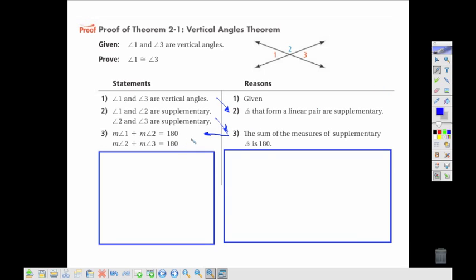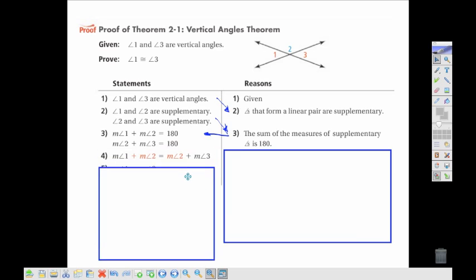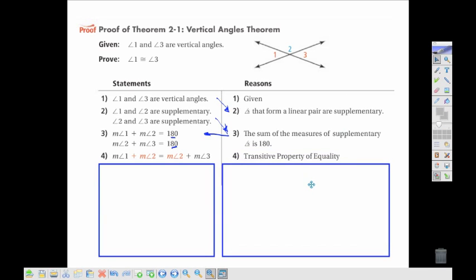Now, based on this step, we're going to notice something else. These are both 180 degrees, so I can move these around and just say the two parts are equal to each other. Basically, I'm substituting, rather than 180, I'm substituting this. This could also be considered the transitive property of equality because we're taking the entire side.